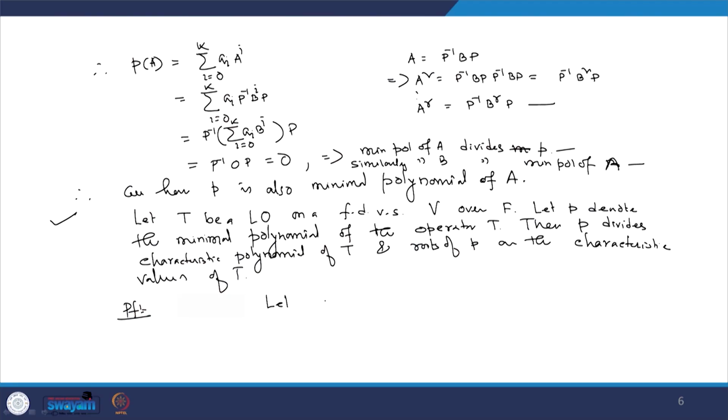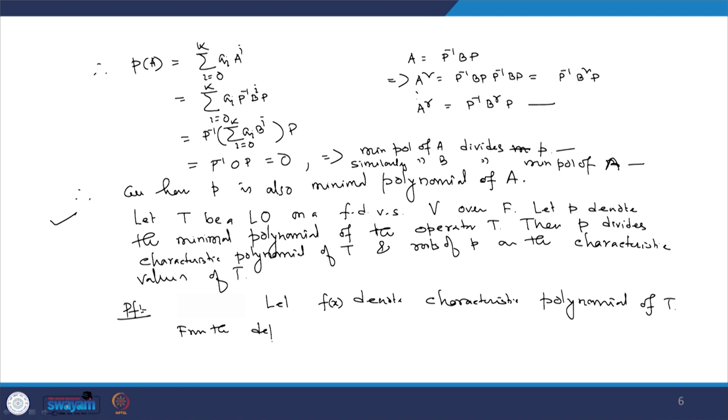Let f denote the characteristic polynomial of T. This is a polynomial function f(x).